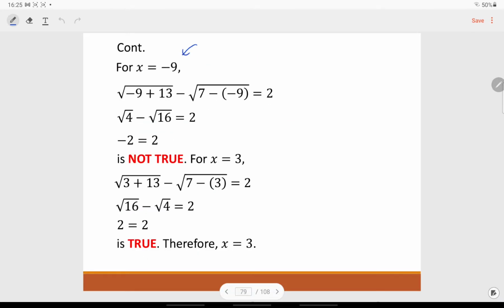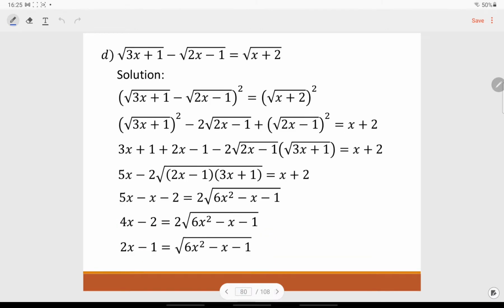We substitute x equal to -9, so it comes up with this equation. -2 obviously does not equal 2, so this is not true. So this one is not the solution. Then we try x equal to 3 in the given expression. Yes, we have 2 equal to 2, which is obviously true. So the solution for this problem is x equal to 3.